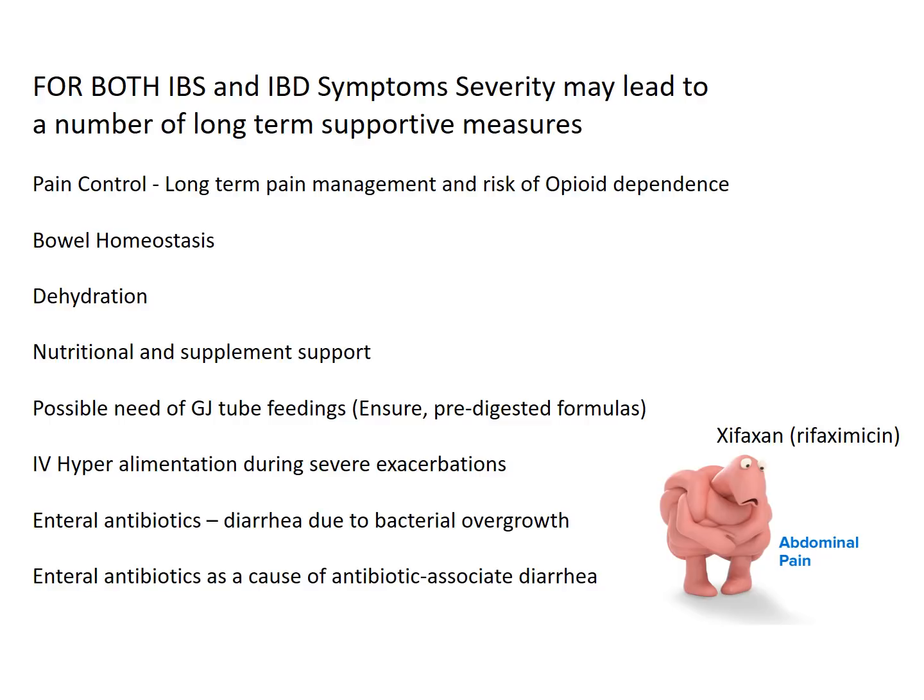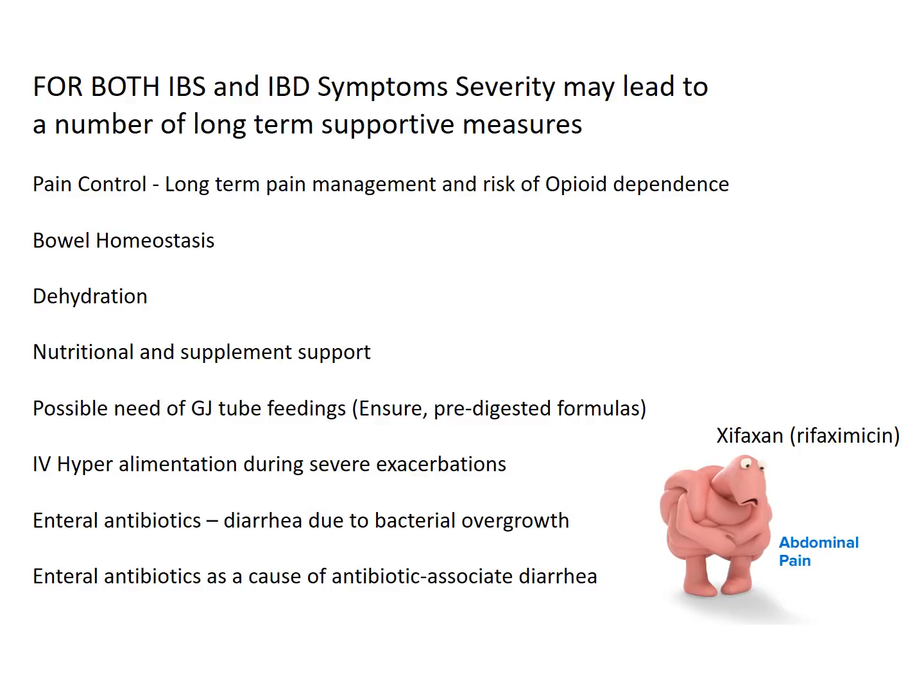So both IBS and IBD patients can have pretty significant severity, and both of them can require a number of different types of long-term supportive measures, such as pain control, hydration, nutrition, particularly with supplements, the possible need of G-tube feedings or other IV hyperalimentation feedings.